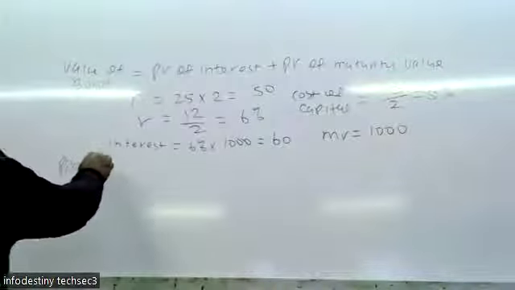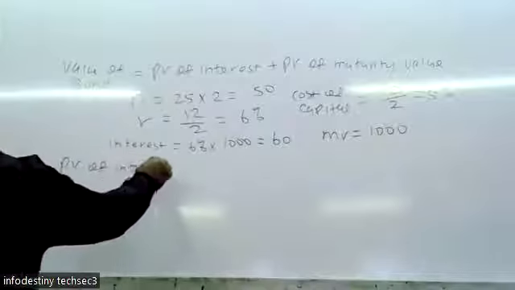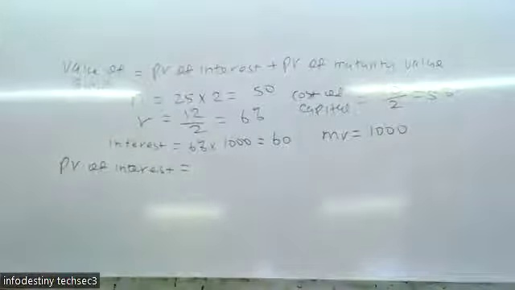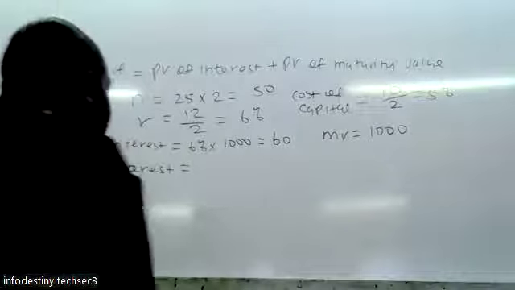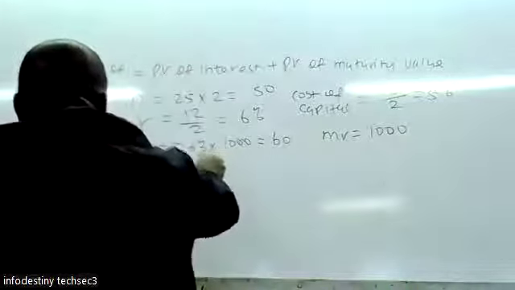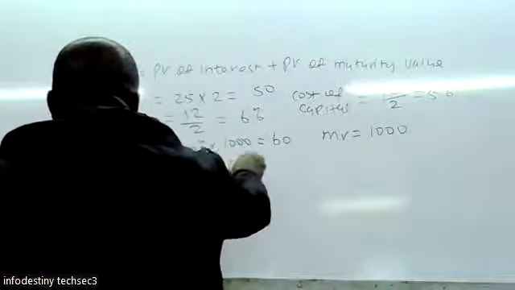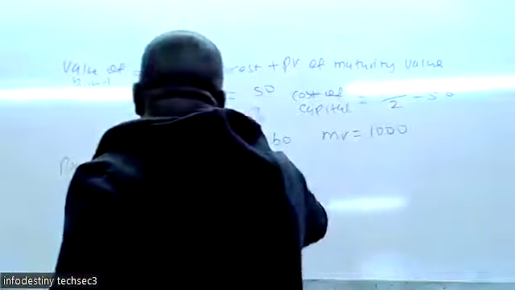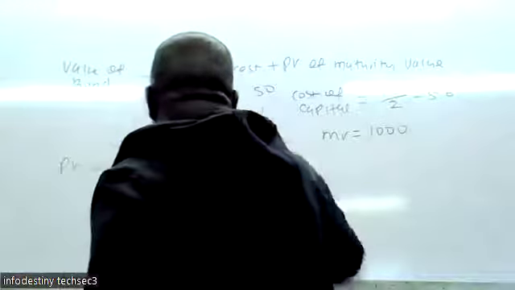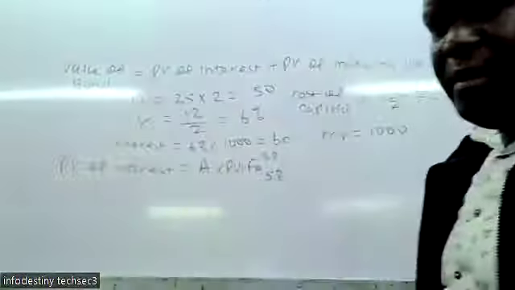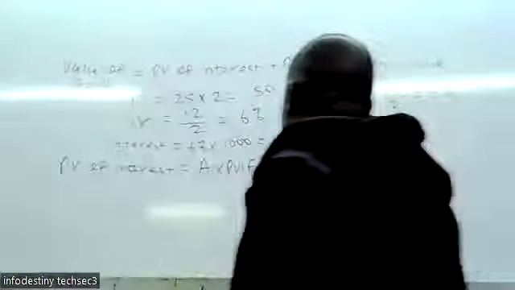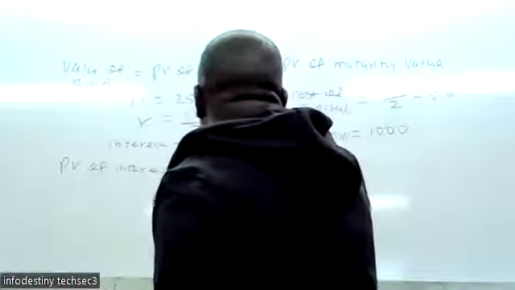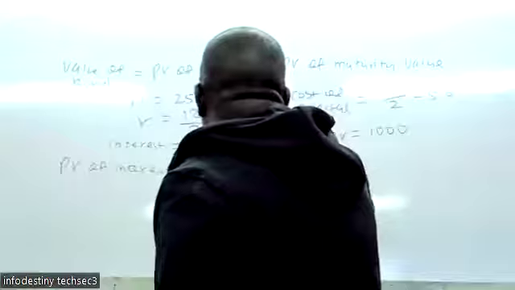So we start by calculating the present value of the interest. It will be given by the annuity multiplied by the present value interest factor for the annuity. Our cost of capital is now 5%. So N will be 50 periods. Our annuity is the interest, which we got as 60.